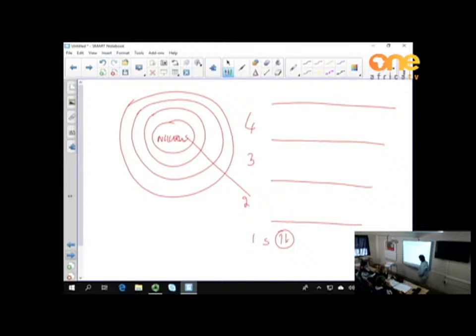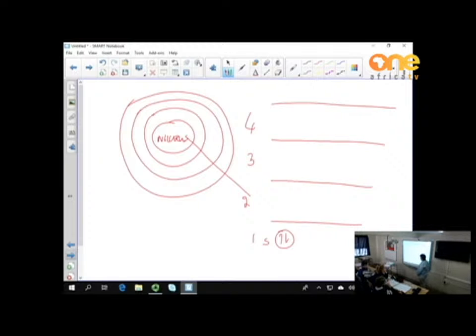That would imply I have electrons with opposite spin. So the first energy level has a so-called S sublevel.